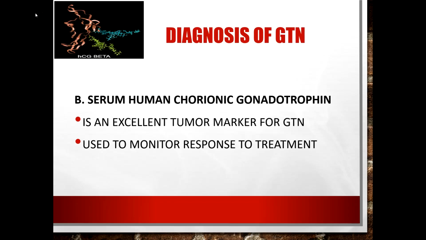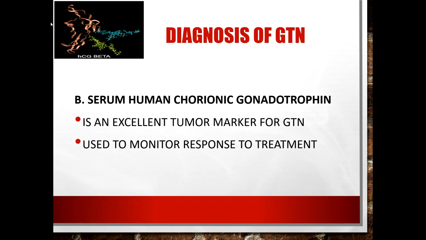Serum beta-HCG, or human chorionic gonadotropin, is an excellent tumor marker for GTN, which reflects the tumor burden, and it is used not only for the diagnosis but also to monitor response to treatment.